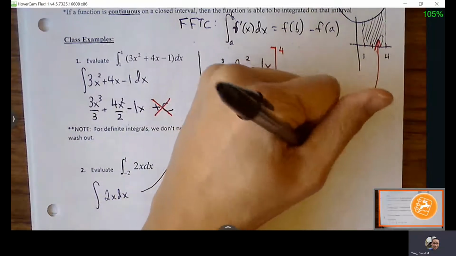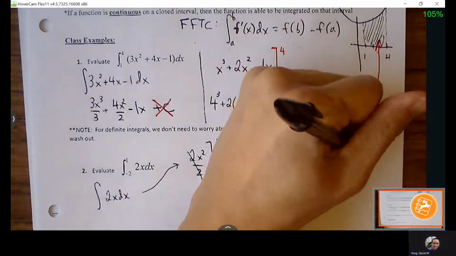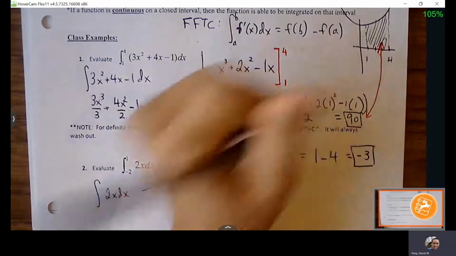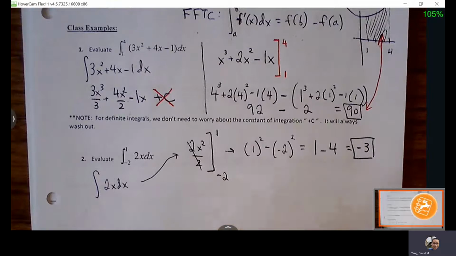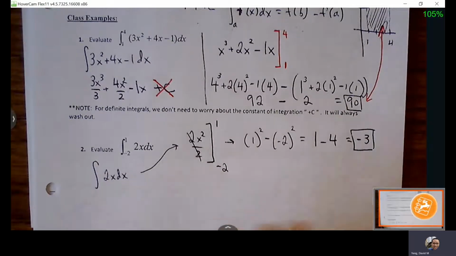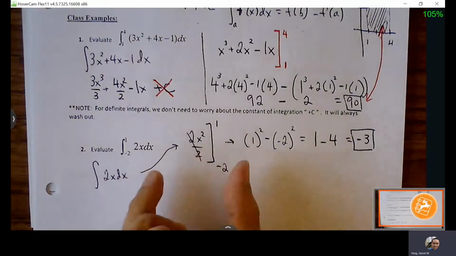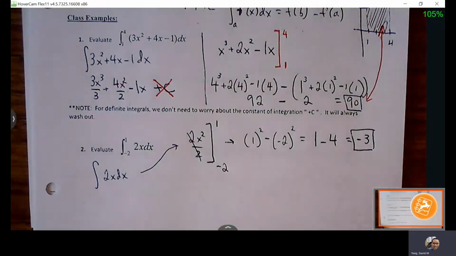Okay, what's strange about that number? It's negative, right? Typically, when we think about area, we're not thinking negative, right? We can't have negative area. So this just goes to highlight that this process gives us the accumulation of change, which is area related, but it's not quite area.